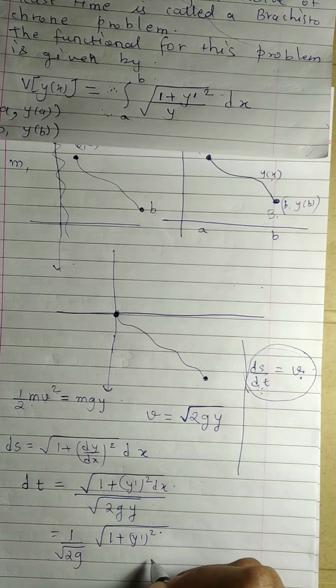So that's the time, so it's a dt factor, no? We want time t, so we integrate it and then we get the functional.